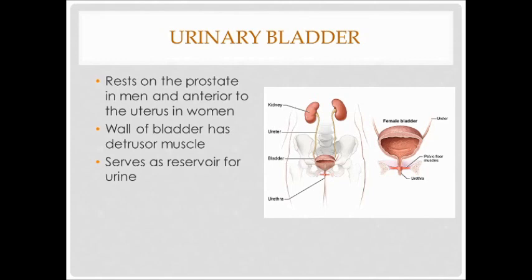And that's why pregnant women have a tendency to have to urinate quite often and feel that pressure on their bladder. The bladder has a detrusor muscle, which is a smooth muscle in its wall, and it's going to help with contraction during urination. It also serves as a reservoir for urine while it's waiting to be excreted.